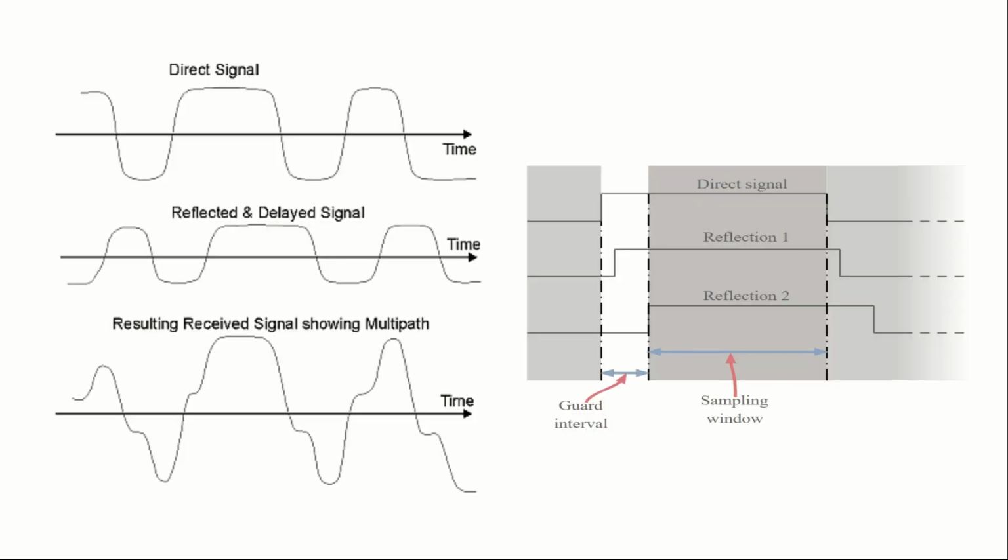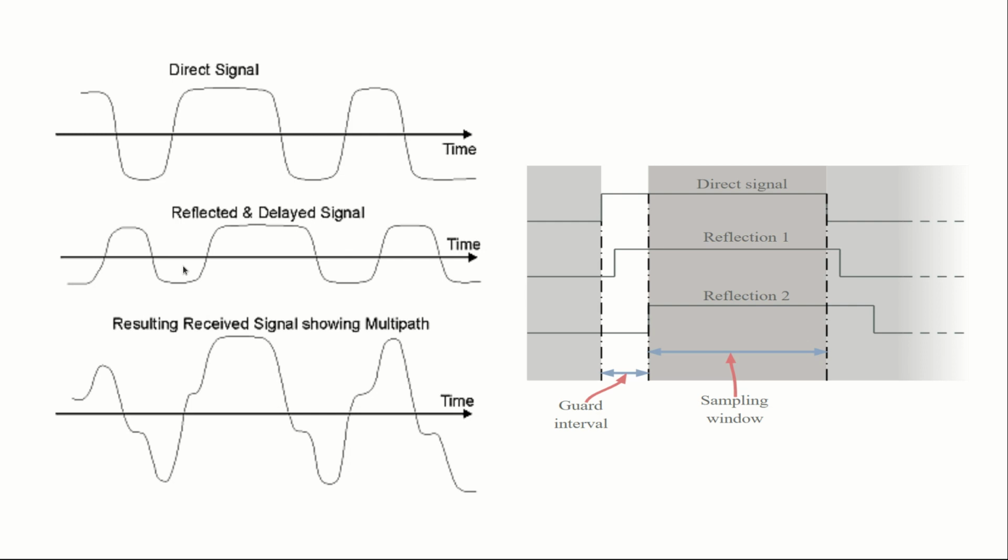Here we can observe the signal occurrence at the mobile with time. The directed signal is nothing but what we are transmitting from the base station. This one is the reflected and delayed signal, due to hitting some building, tree, vehicle, or any obstacle.